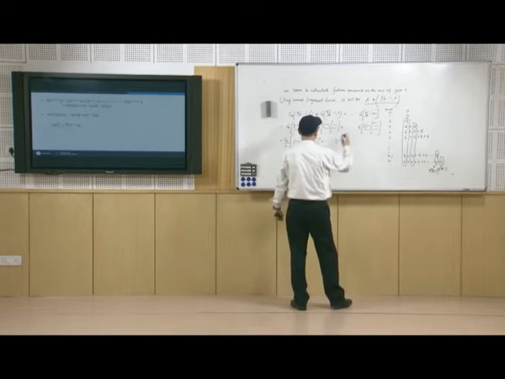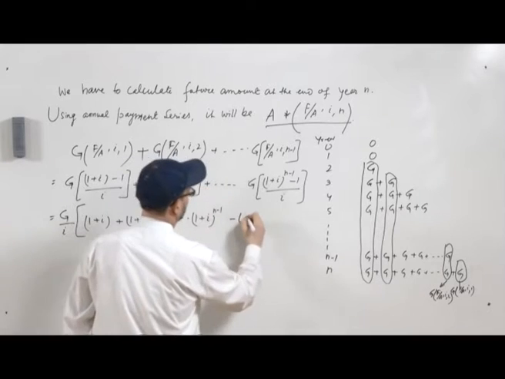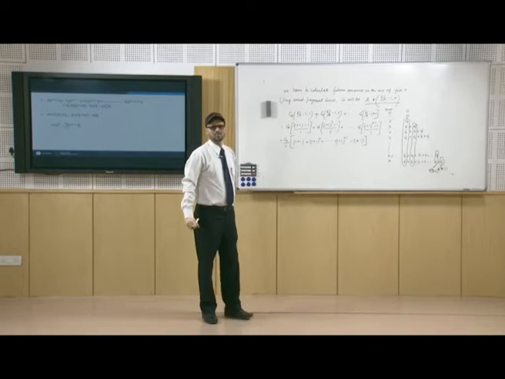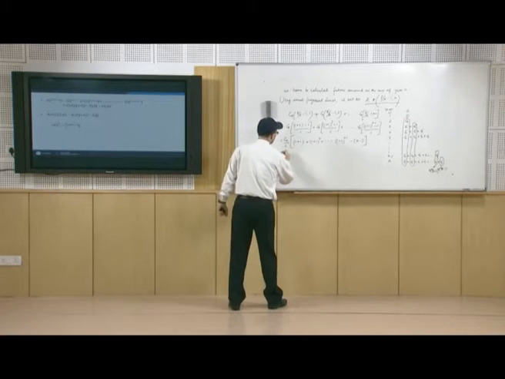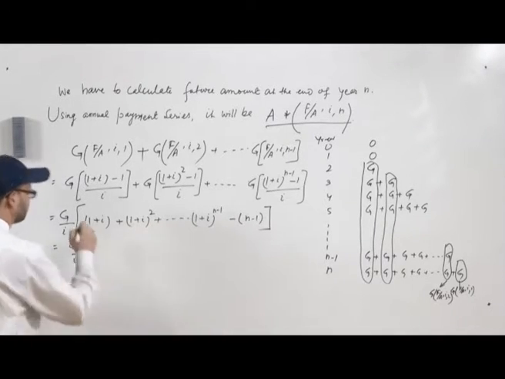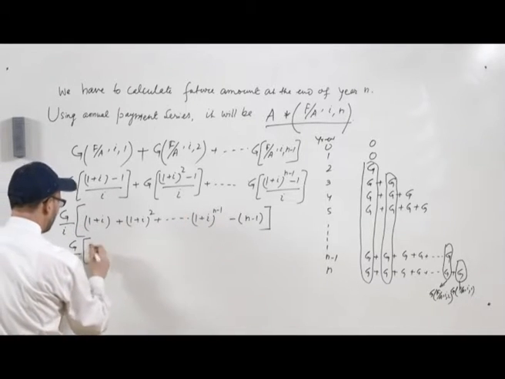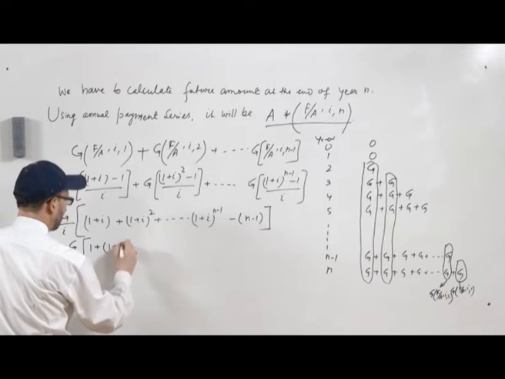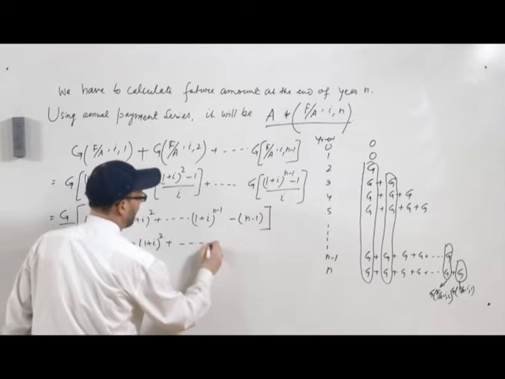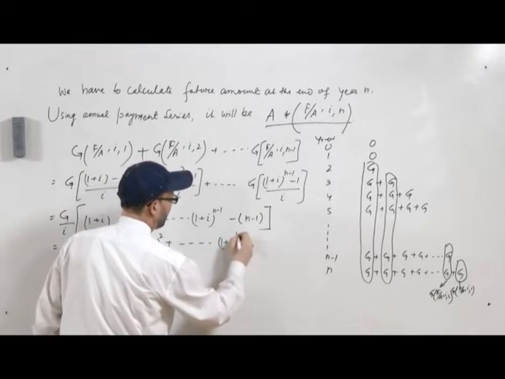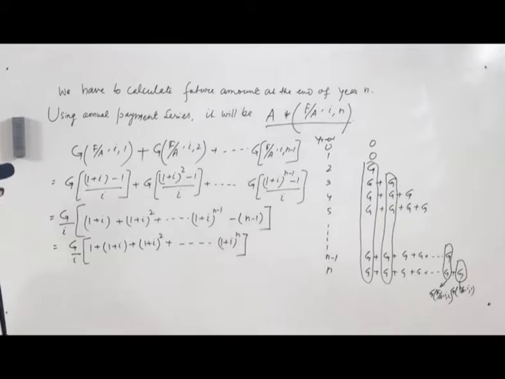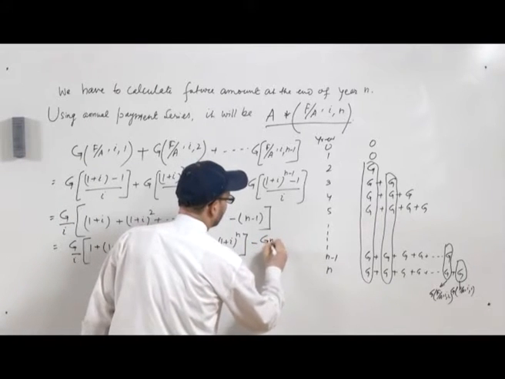So, this comes as minus (n minus 1). After this, you can write this as g by I, this 1 will come here: (1 plus I) plus (1 plus I squared) up to (1 plus I) raised to the power n. This will be one term, minus g n by I.